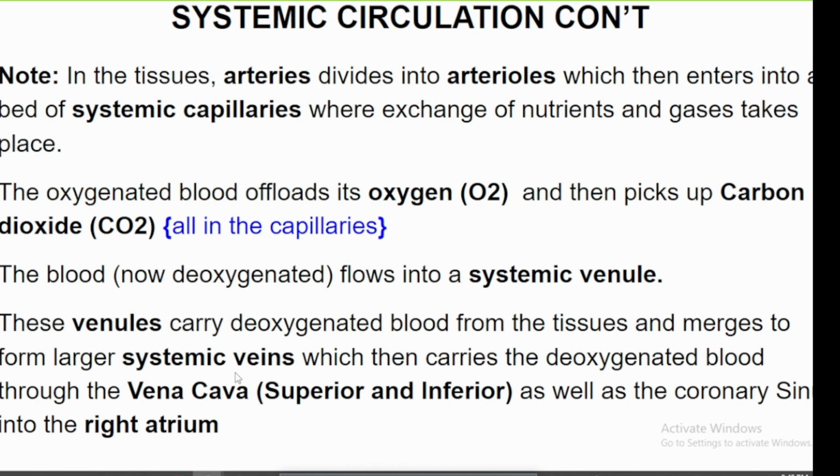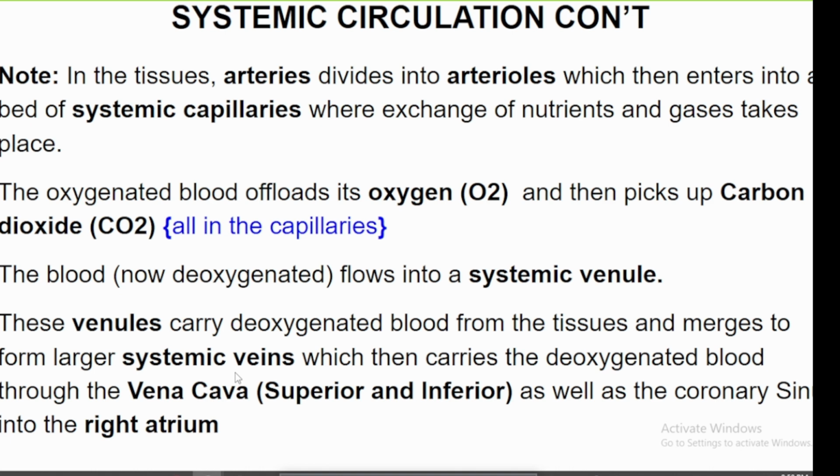The aorta now branches into the ascending and the descending aorta. The ascending aorta sends the oxygenated blood to parts of the body that are above the heart, that is to the head and the like. Whereas the descending aorta now branches into the thoracic and the abdominal aorta.